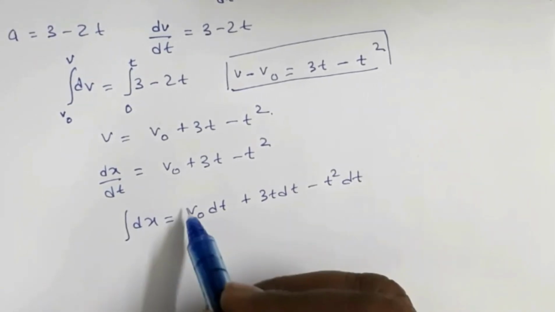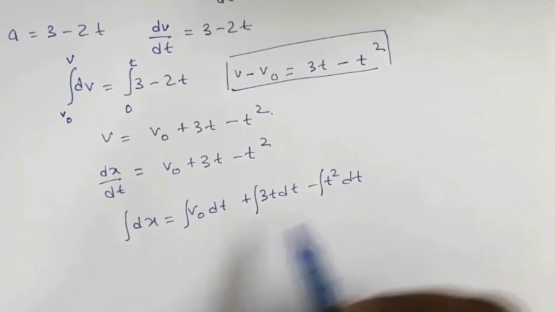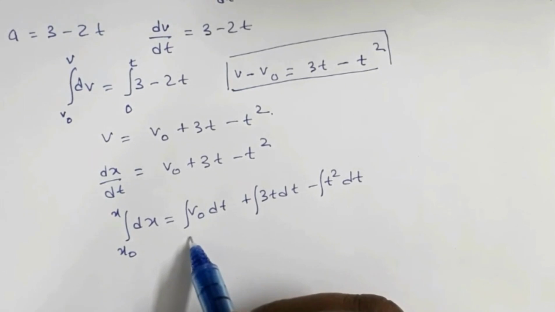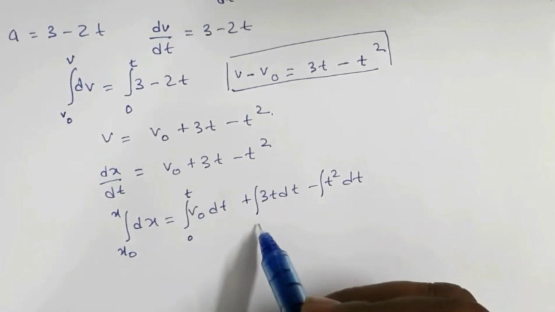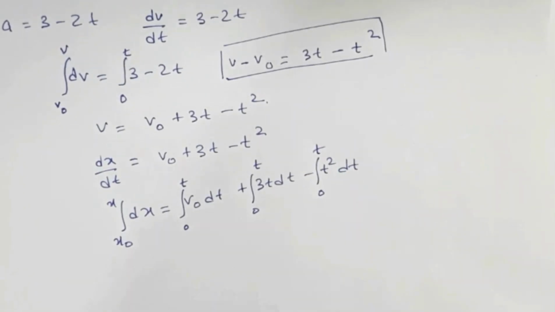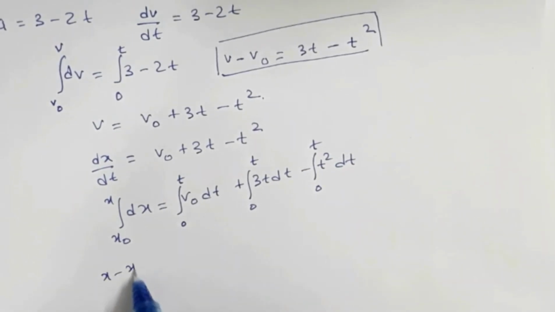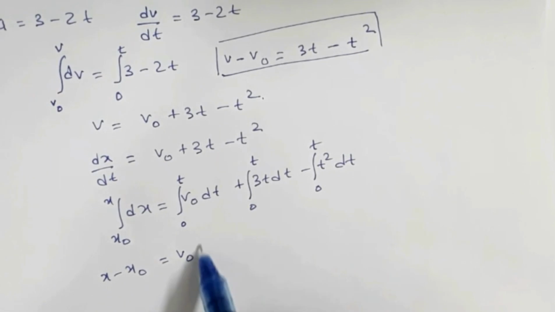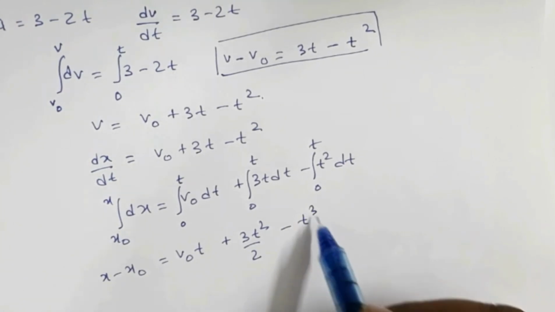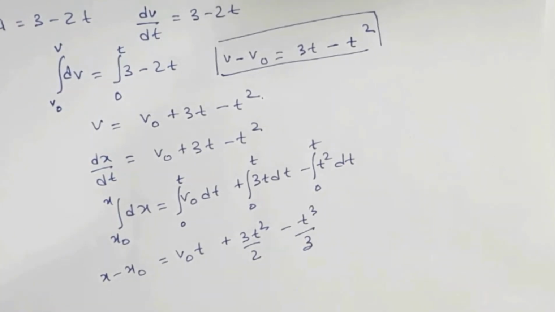So we have to integrate it. This is from position x naught to x, and time 0 to t. So x minus x naught is equal to v naught t plus 3t square by 2 minus t cube by 3.